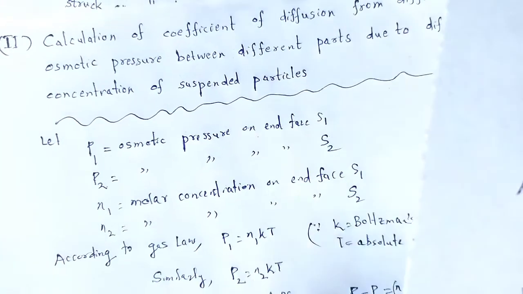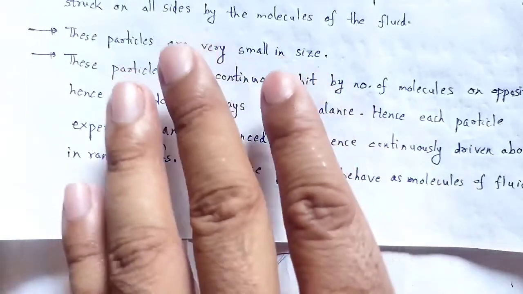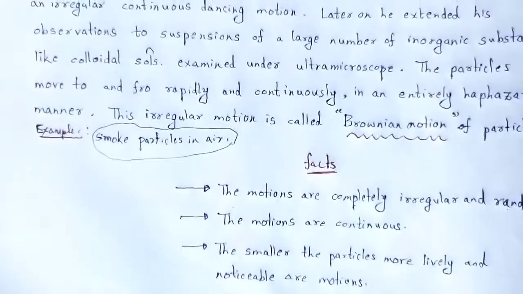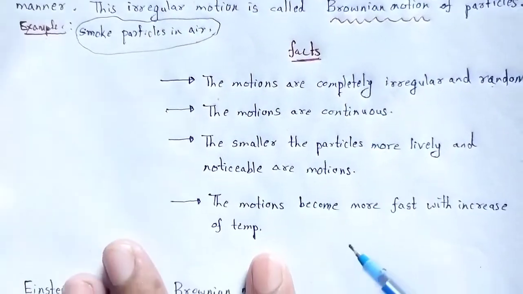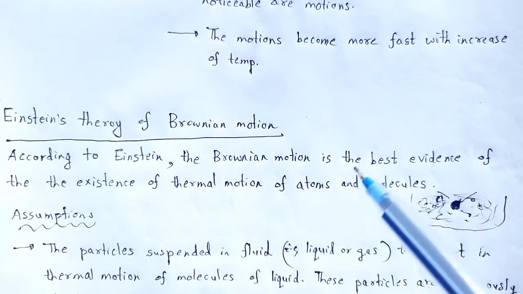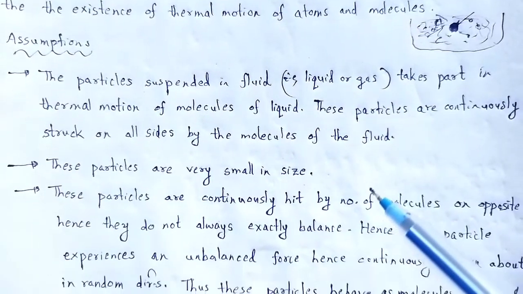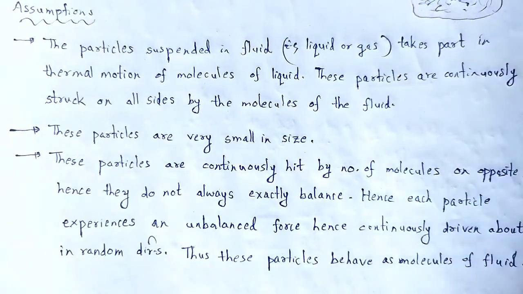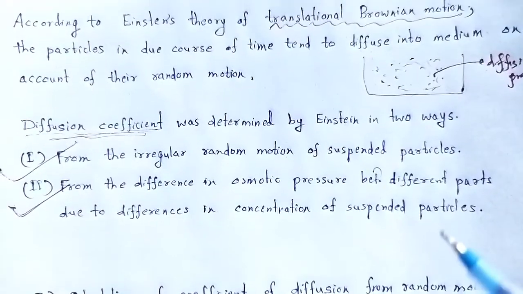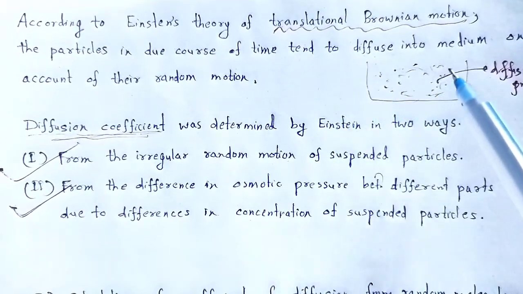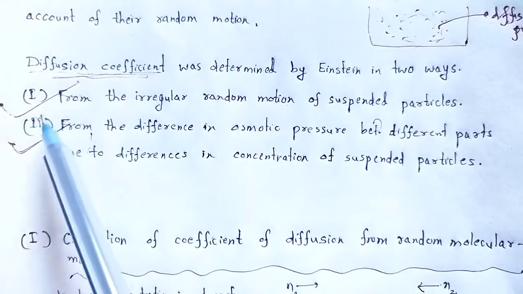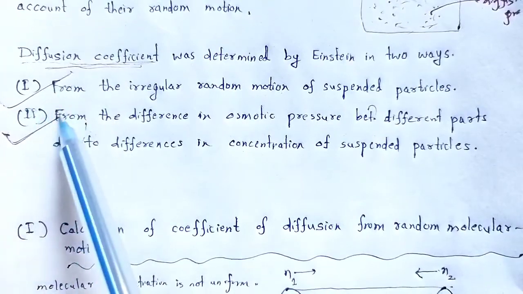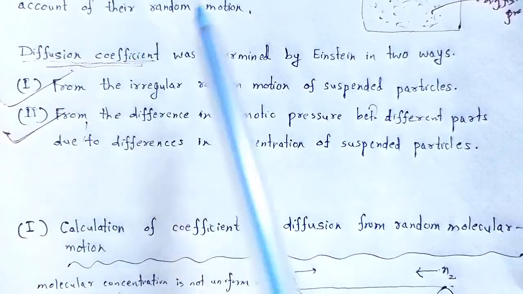What we studied throughout this video lecture is Brownian motion, facts related to Brownian motion, and Einstein's theory of Brownian motion, how Einstein explained the translational Brownian motion using these two things to determine the diffusion coefficient.